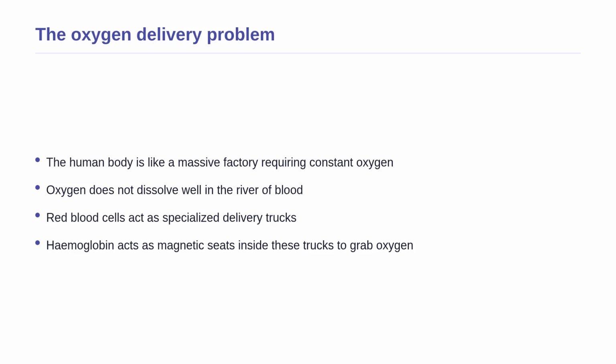To solve this, your body uses a fleet of specialized delivery trucks called red blood cells. Inside these trucks are millions of highly specialized magnetic seats designed to grab onto oxygen packages at the lungs and release them exactly where they are needed. These incredible molecular seats are called hemoglobin.